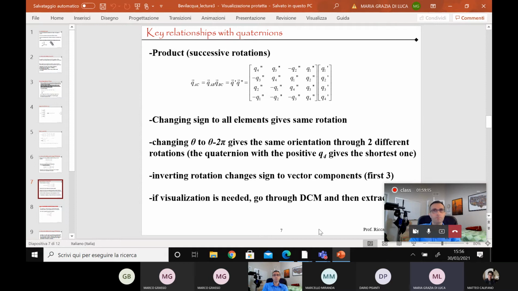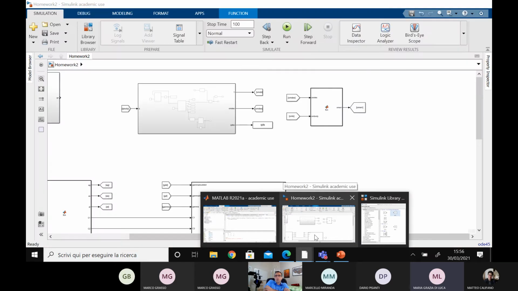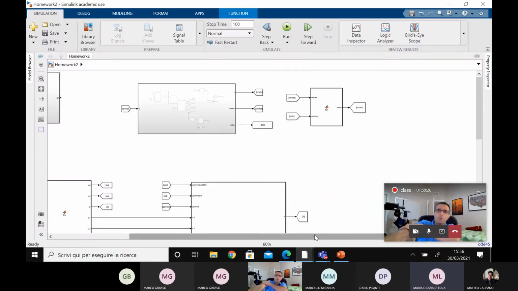You got that right. Also keep in mind that in the actual final expression, the only thing that you care about is the first three components of the error quaternion. Yes, I need the vector. That's fine. Then you can just use the first three. Perfect. Okay, so now we need to write this function here.